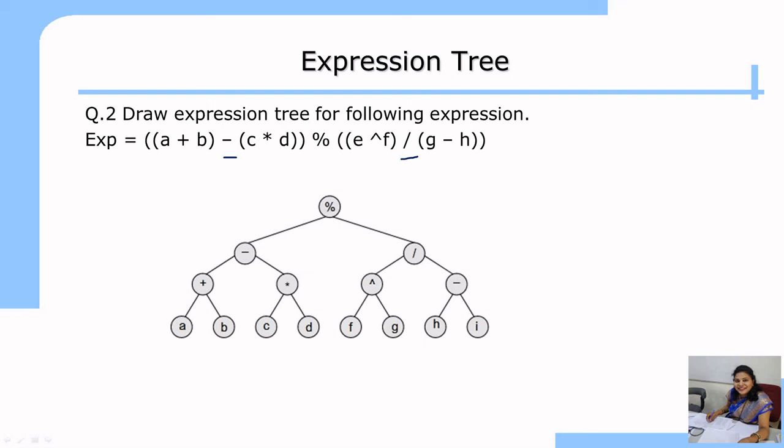At the left side of the minus is a + b, and the right side is c − d. So you write down the a + b tree here and the c − d tree here at the right side.